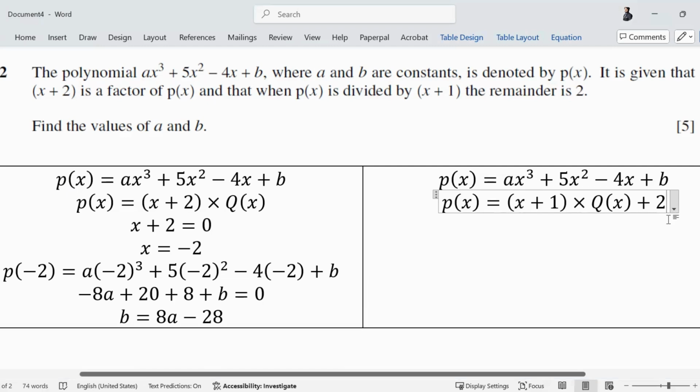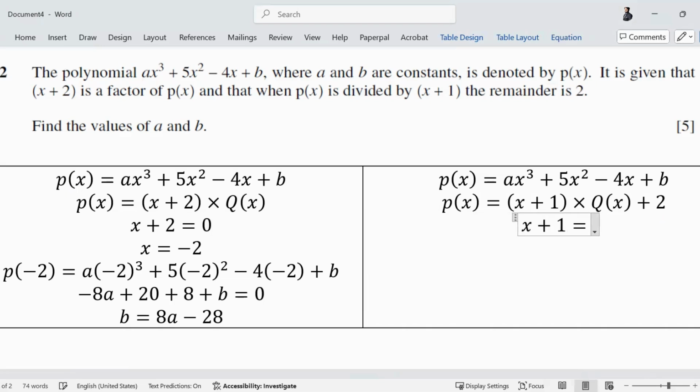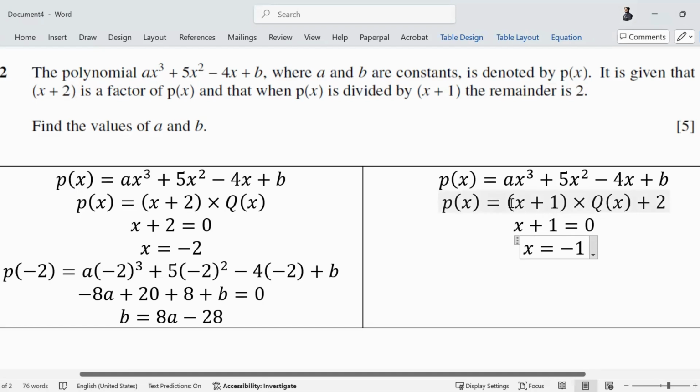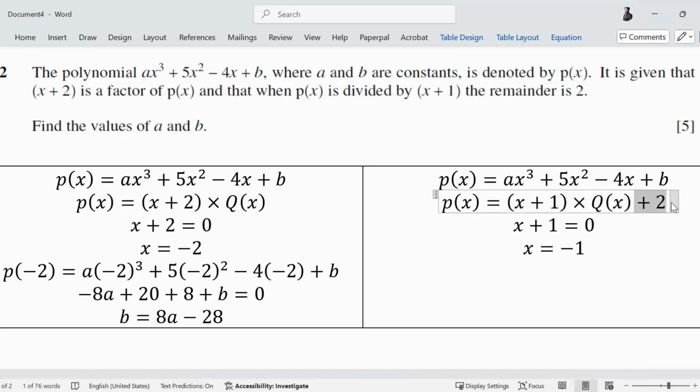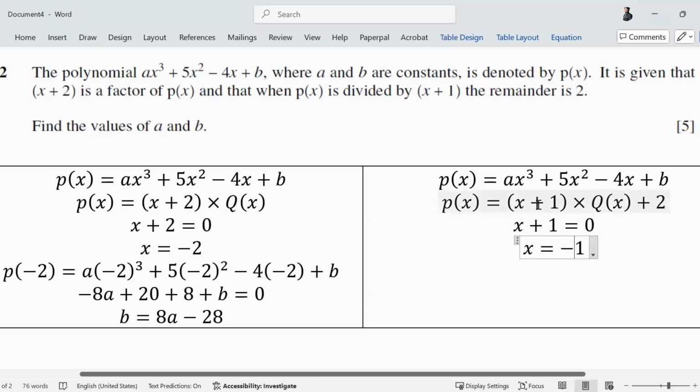If I make x plus 1 zero, what value of x will I have to plug in? Negative 1. If I plug in negative 1, this entire term will become 0 and I'll be left with the value 2.